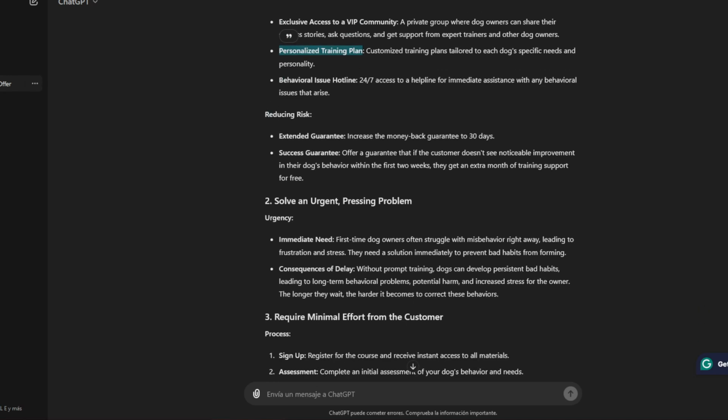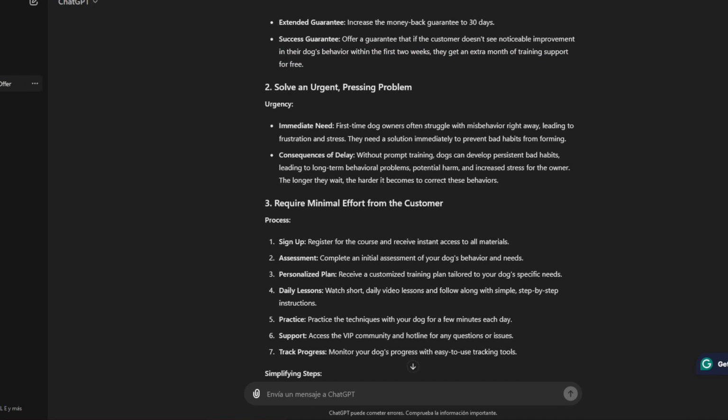And it gives us ways to reduce the risk: extend the guarantee to 30 days instead of the original 7 that I used, and an access guarantee, where they get an extra month of training support for free if they don't have results. These are both ideas that you can implement.